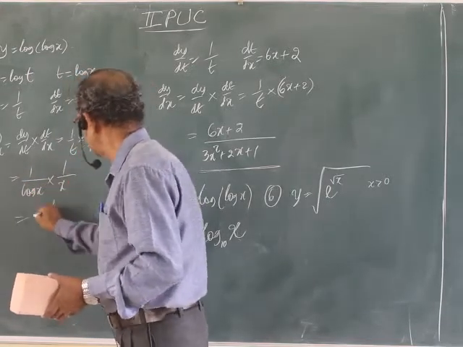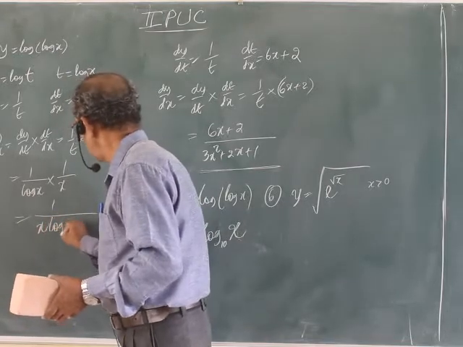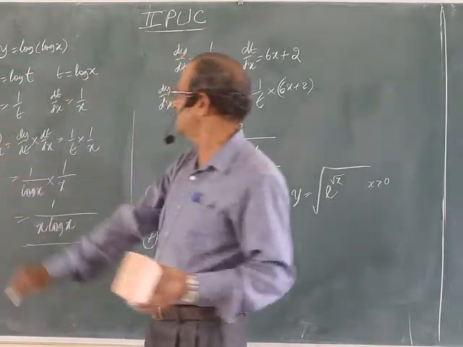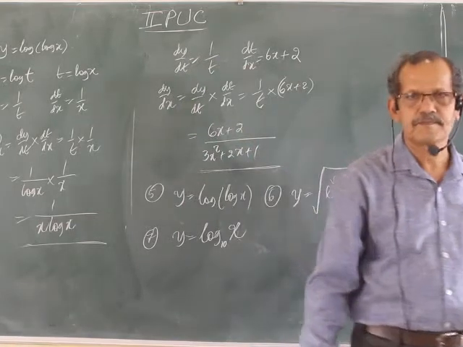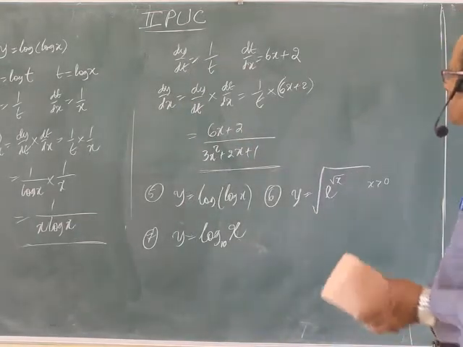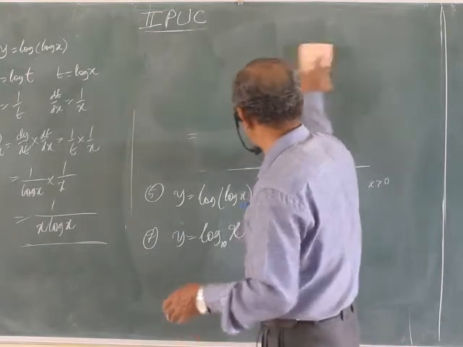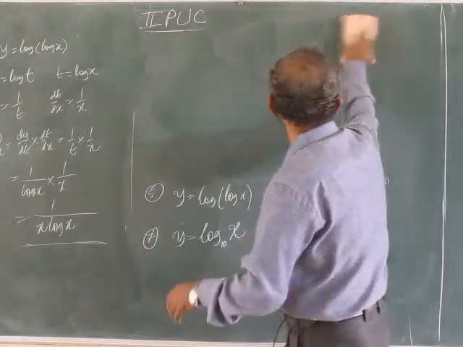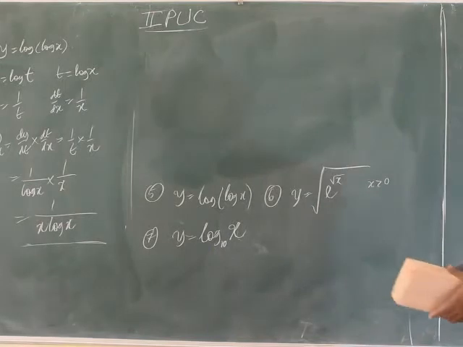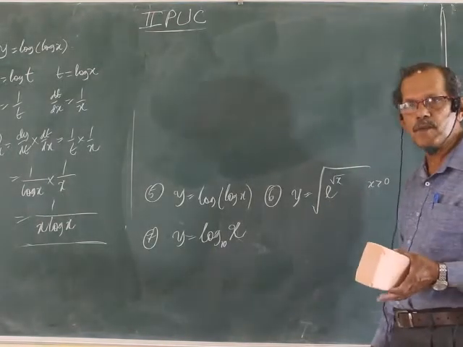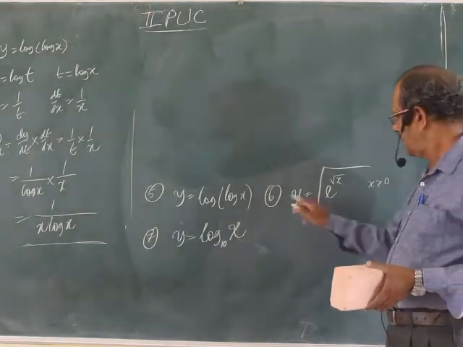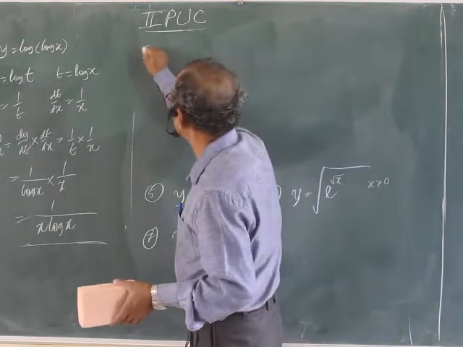You can write like this, 1 by x log x. Even though it is log function, there are two functions, outermost log and inside that one more log x function.